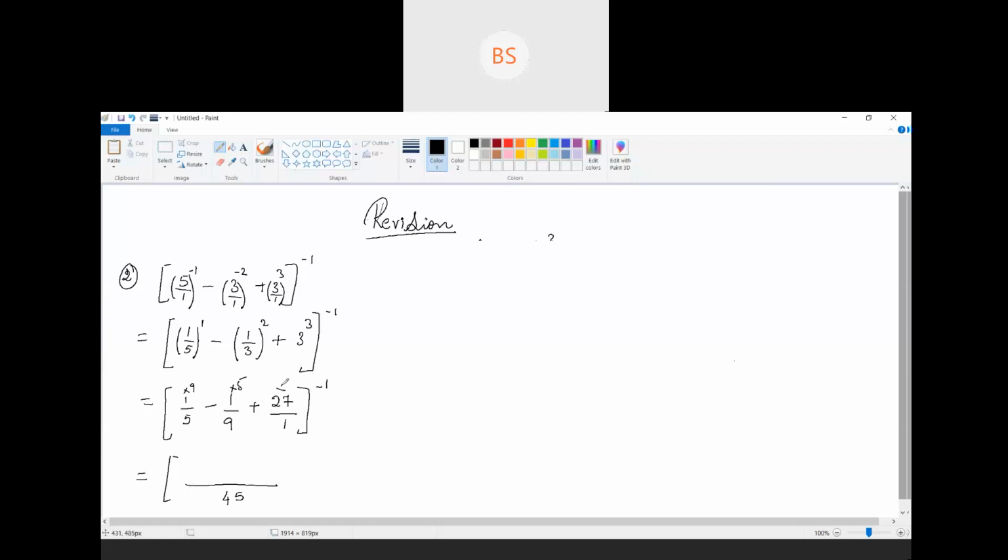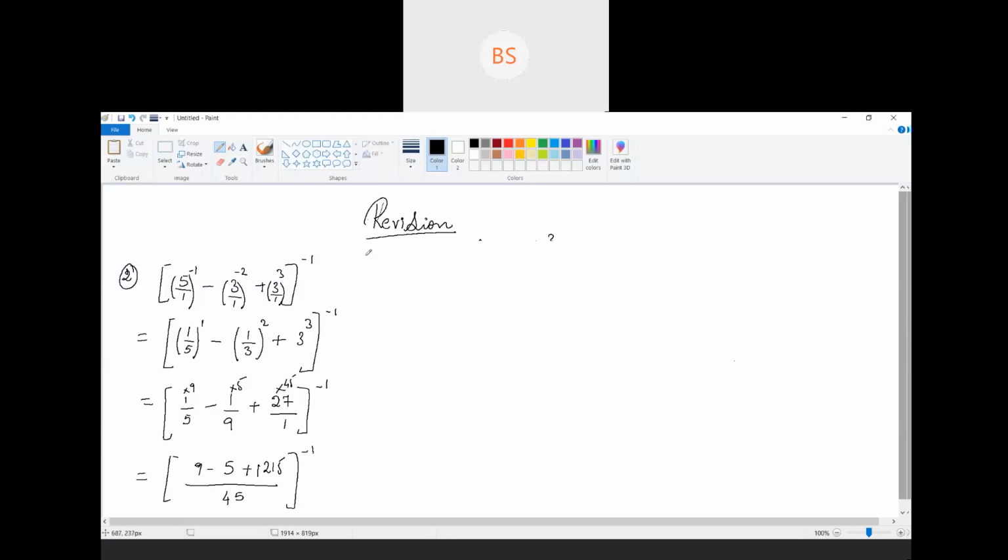And 1 45s are 45. So now this will become 9 1s are 9 minus 5 1s are 5 plus 27 into 45 will be 1215 whole raised to minus 1.